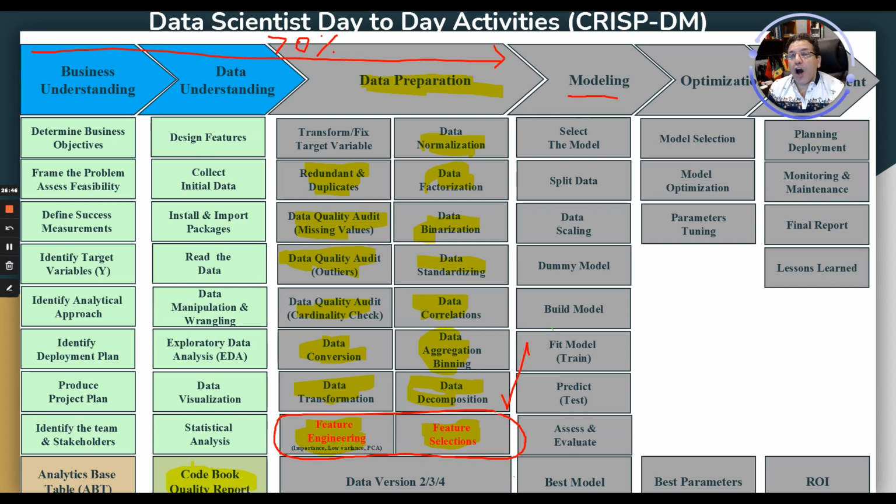Imputation is one option, not all the options. But you need to understand when you need to use one option versus other options. You cannot delete, you cannot impute without understanding why.